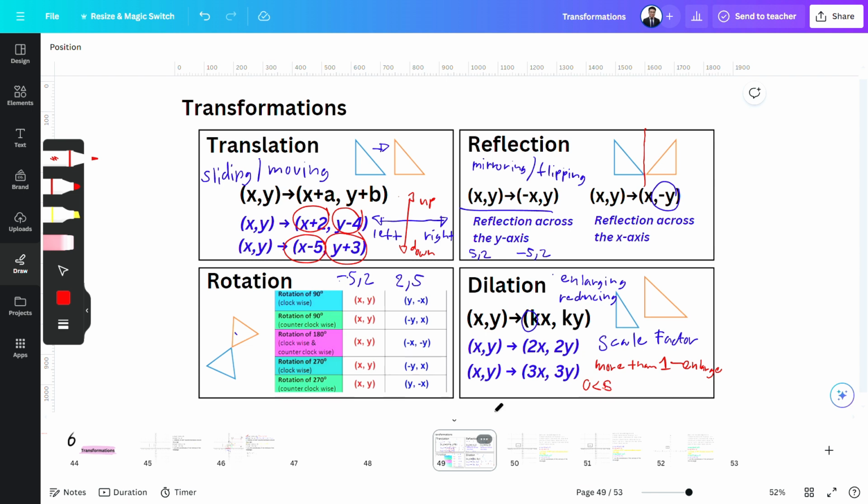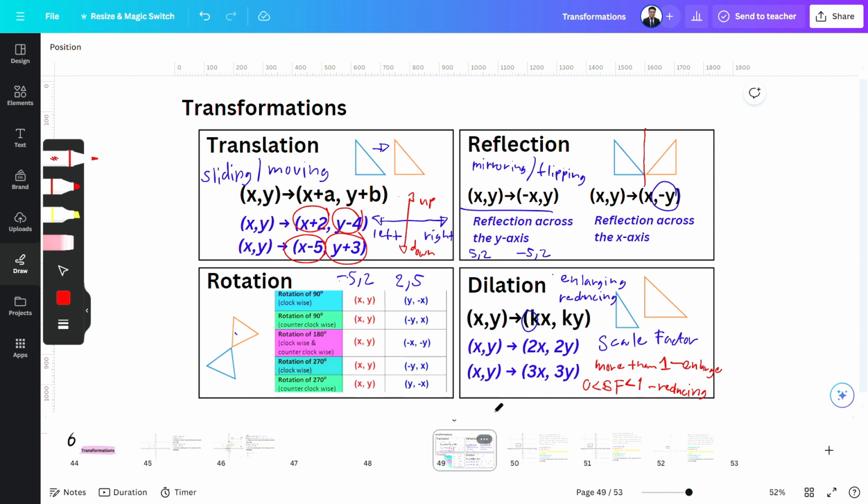I will just put here SF. This means scale factor. Again, one more time. Let's say our scale factor is greater than 0, for example, we have 0.1, 0.2, 0.3, but less than 1. Again, less than 1. It's what? We're trying to reduce the figure. We're reducing the size of the figure. Okay, please take note of that.